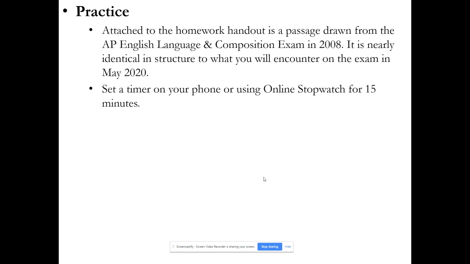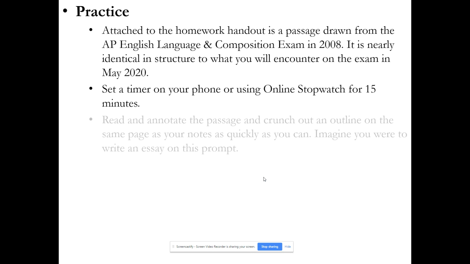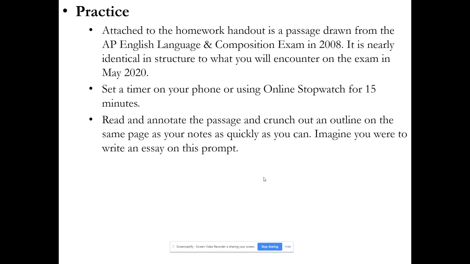So you should grab your phone. You should set a timer for 15 minutes. You could also use onlinestopwatch.com to help you with that. You should read and annotate the passage, crunch out an outline on the same page as your notes as quickly as you can. Right? Imagine you were about to write an essay on this prompt, and you are building an outline to make sure you can write an essay.